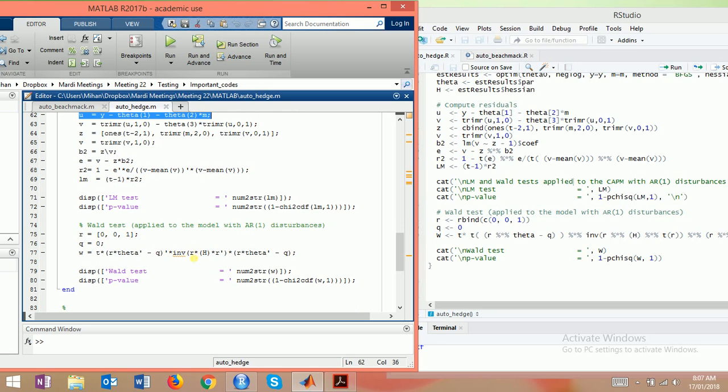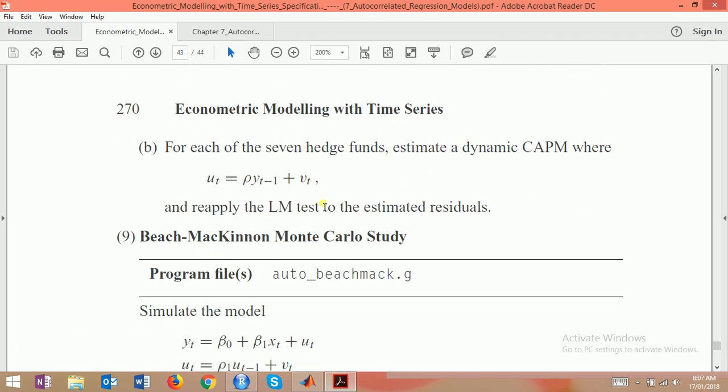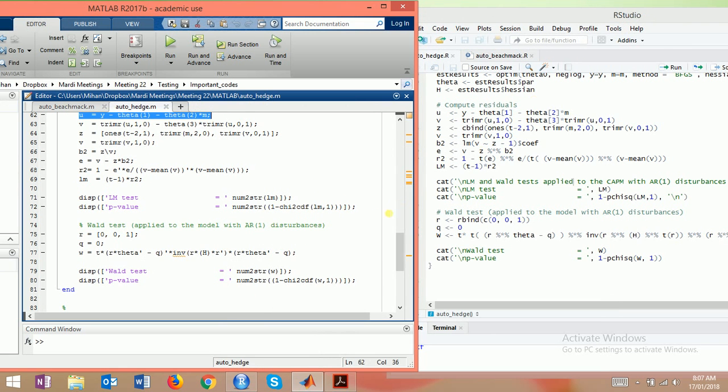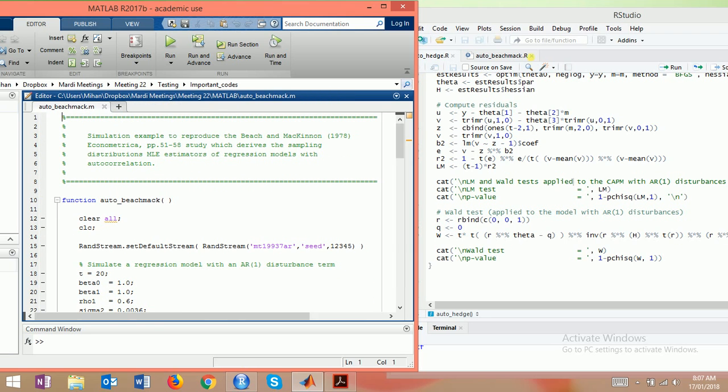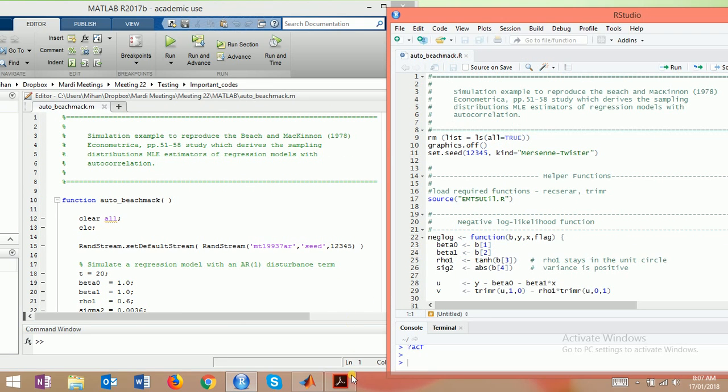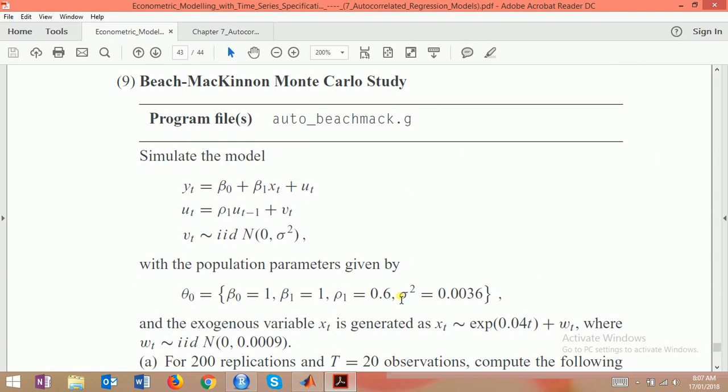And then the test is not necessary, but you can check if there is autocorrelation or not. So the question was, for each of the estimated dynamic CAPM, whether this is the residual series or autocorrelated residual. So we're doing an estimated test to see if they're autocorrelated or not. That's all.